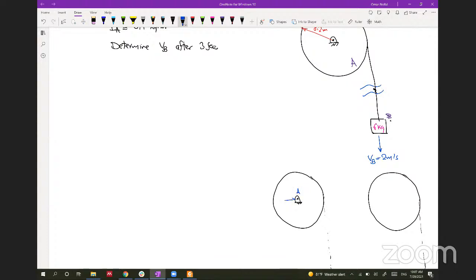So I will have AX, the reaction in the X direction, and the reaction in the Y direction. We have the weight of this body going down, and we have a tension in the cable like this. So you will have to put all the forces so you can get your problem solution correctly.